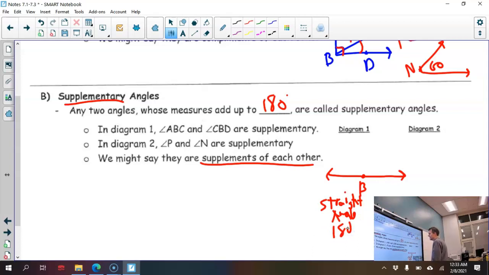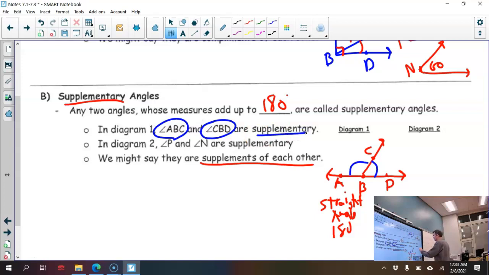So if you take a straight angle, and I guess we're calling this again angle ABD, and I split it up into two angles, then clearly angle ABC, which is this angle, and angle CBD, which is this angle, together they make a straight angle, so they must add up to 180 degrees, and therefore they are supplementary.